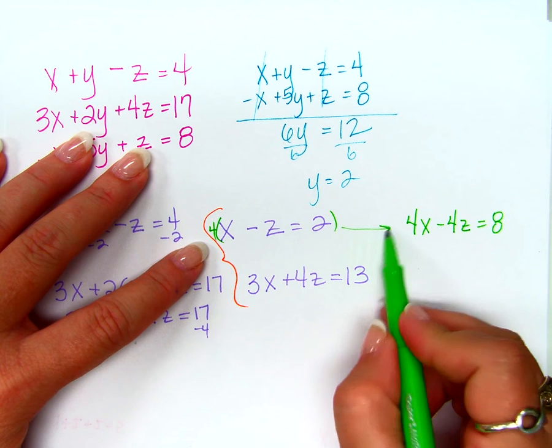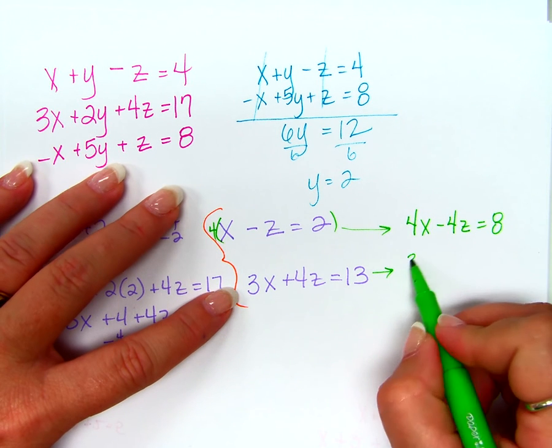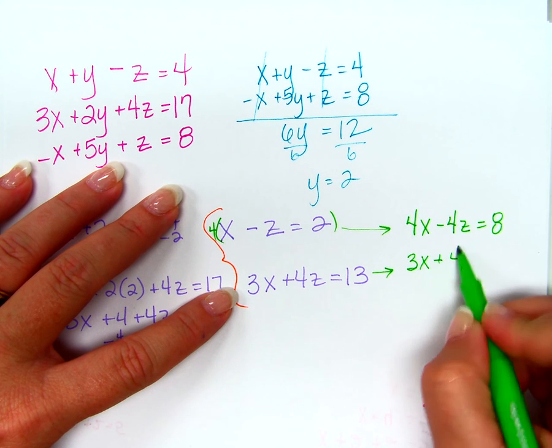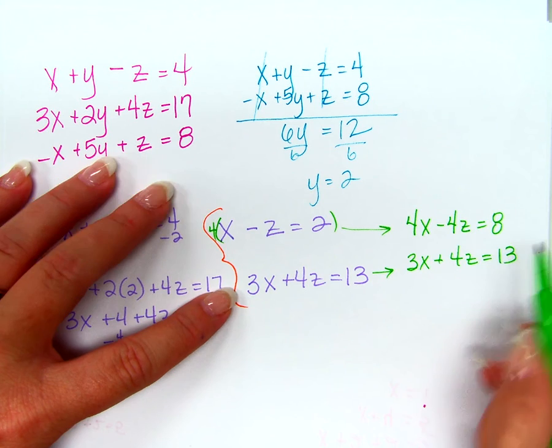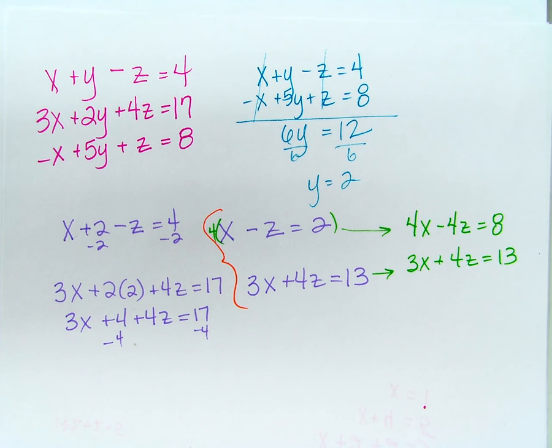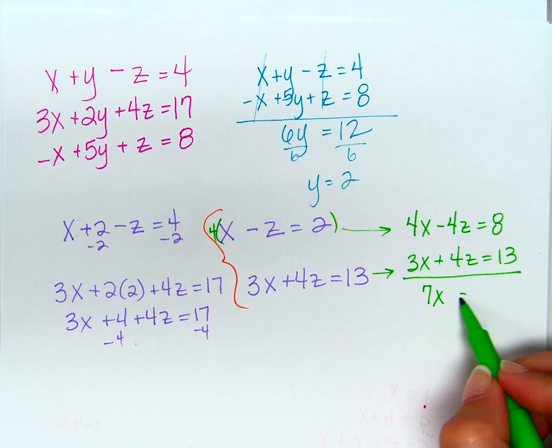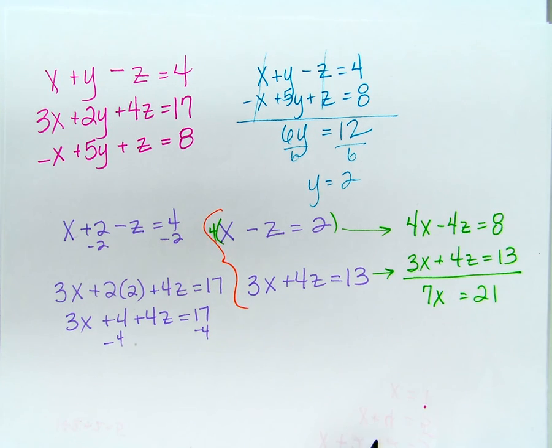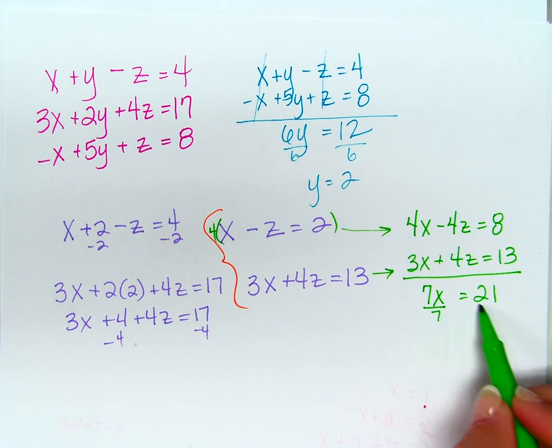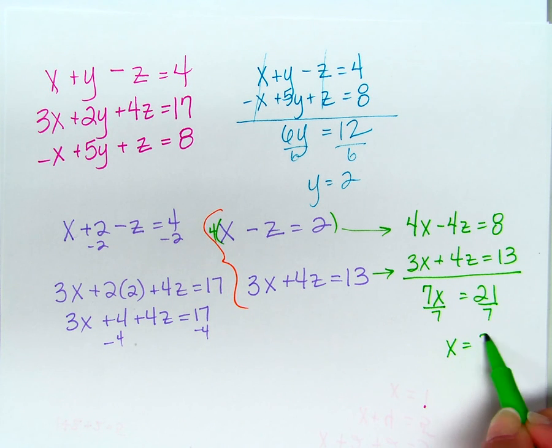That came from there. I'm just going to rewrite my second equation right here. 3x plus 4z equals 13. Now what? Combine them. What do I get when I combine them? 7x, that's 0, that's 21. Divide both sides by 7, x equals 3.